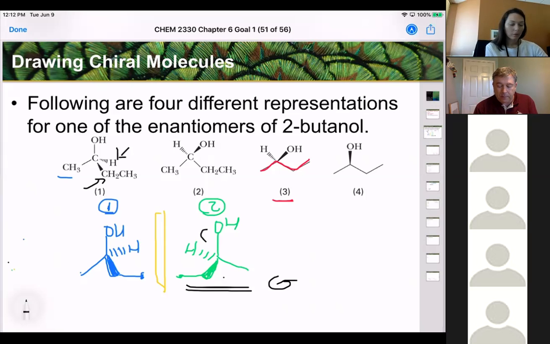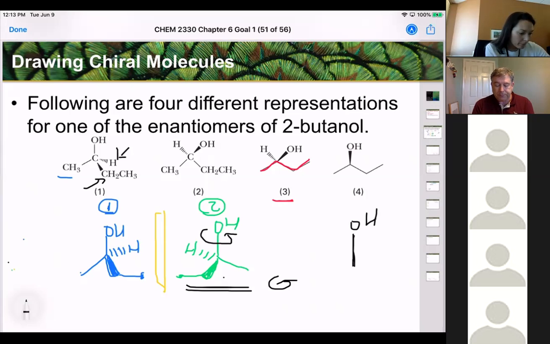So we're going to rotate around this bond here, and so we're going to start with having our OH and our bond to our central carbon here, because that's not going to move, right? That's the axis we're rotating around, so we're not going to move that.